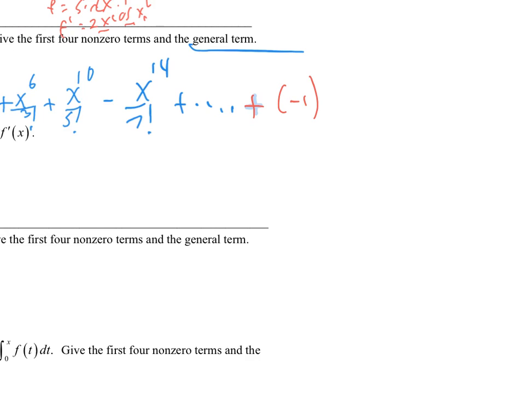Negative 1 to the nth power. I'm sorry, it's going to be negative 1 to the nth power. But they're doubled, so 2n power. Keep it even.